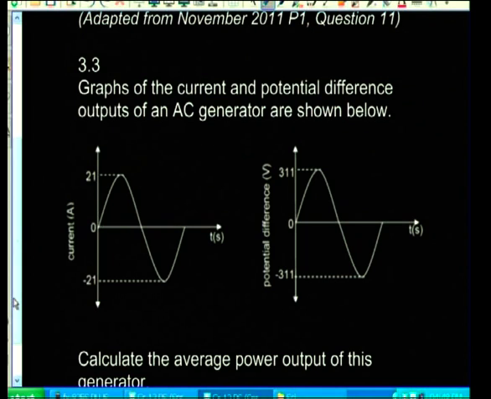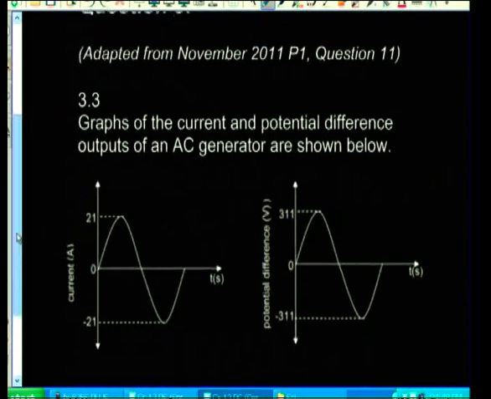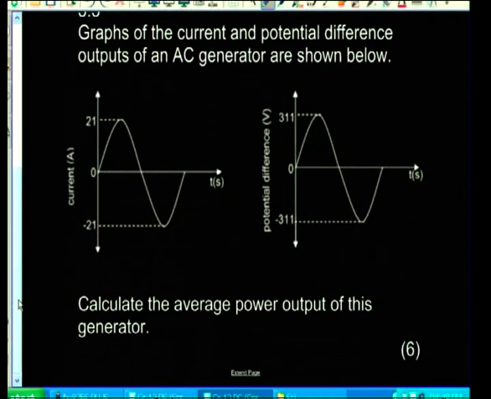Says to you that we have two graphs of current and potential difference outputs of an AC generator as shown below. Now what we have here is we have a current graph, so this is current. We have a potential difference, that's V over time. What we note about our AC graphs is that they are both sine graphs. That makes it really, really nice.